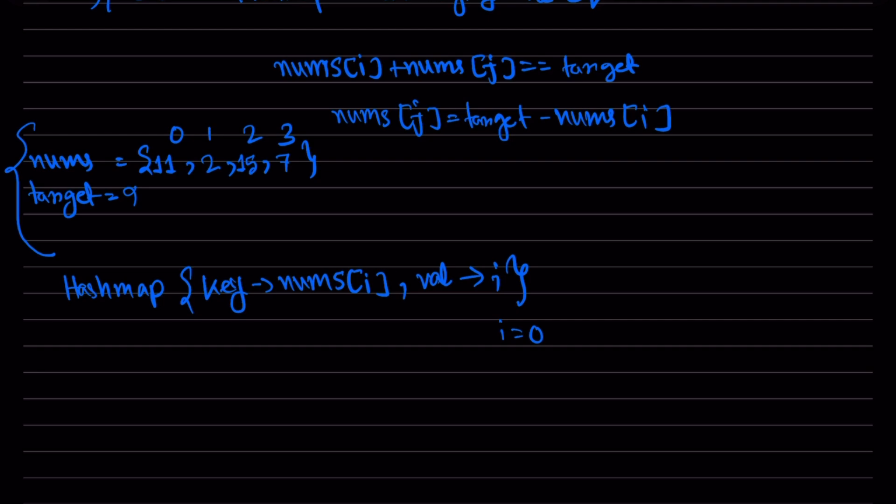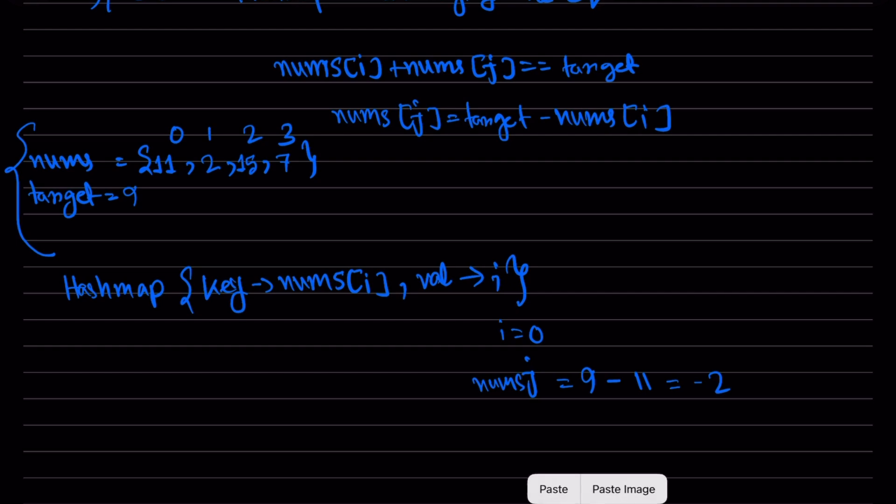My nums[j] is my target, 9, minus nums[i], which in this case is 11. So it's -2. Does -2 exist in the hash map? Currently it's empty, so I can say no, it does not.